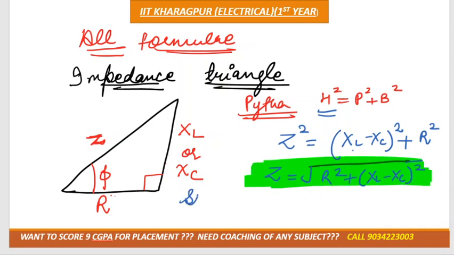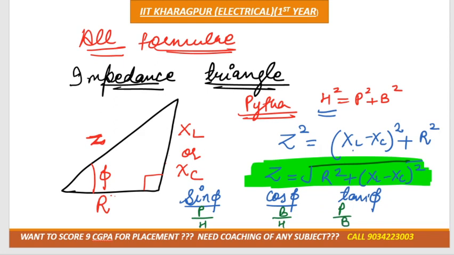Next, you need to remember what you studied in 10th class: sin phi, cos phi and tan phi, right? Can you tell me sin phi is how much? P by H, where P is either XL or XC. If both are there, then we'll consider the difference. If only one is there, then we'll consider the same term.